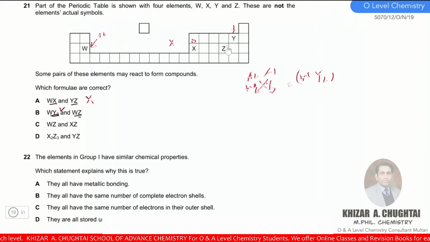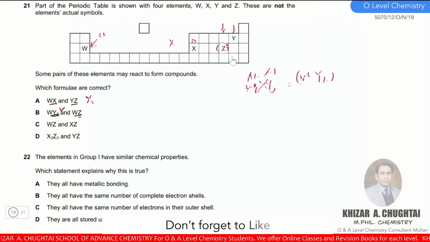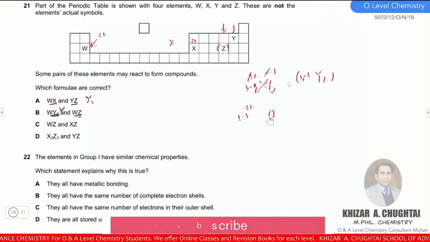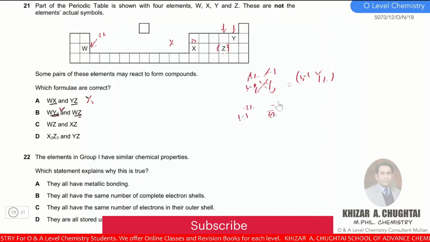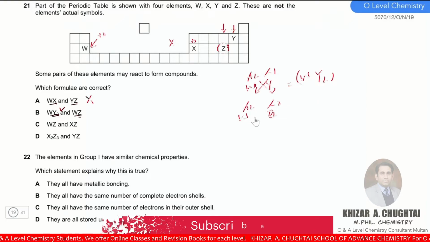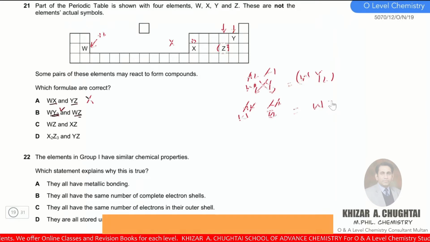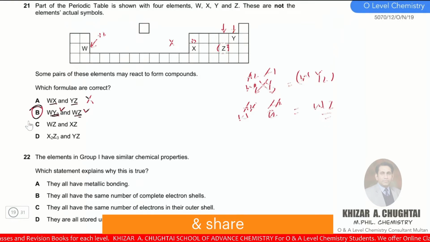W and Z belong to group number 6. W has a +2 charge, and Z belongs to the oxygen family. It has -2. Positive and negative cancel out, the numbers are equal, and simply speaking, this is WZ. So yes, it is also correct. So B is the correct option.